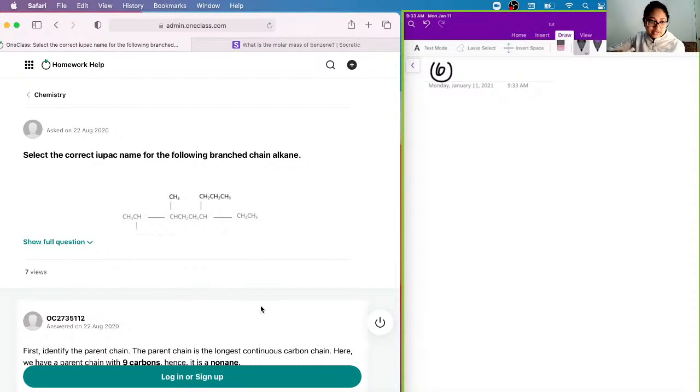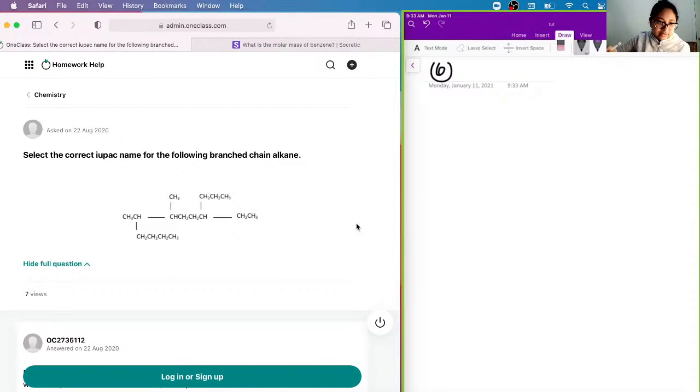Okay. So our next question says, select the correct IUPAC name for the following branched chain alkane.